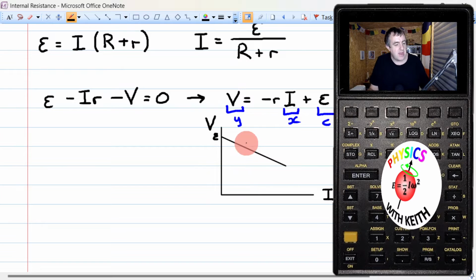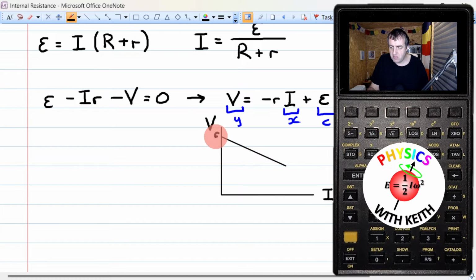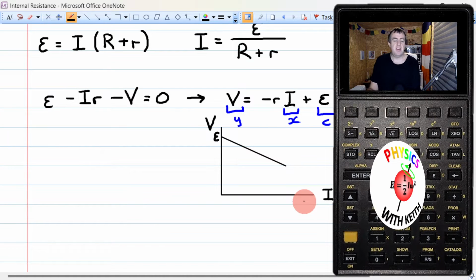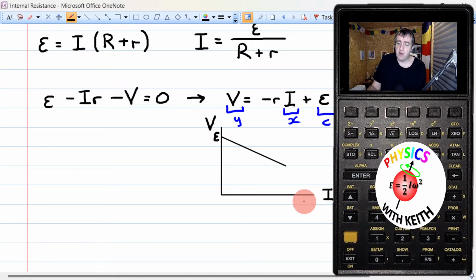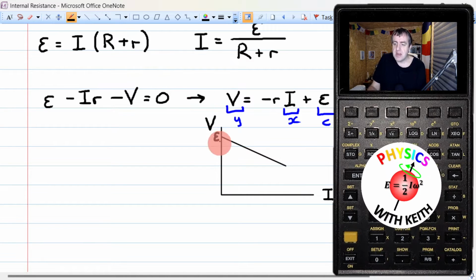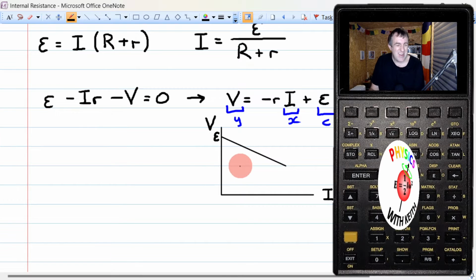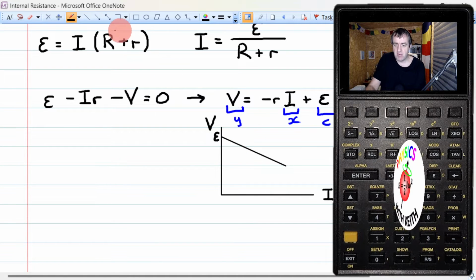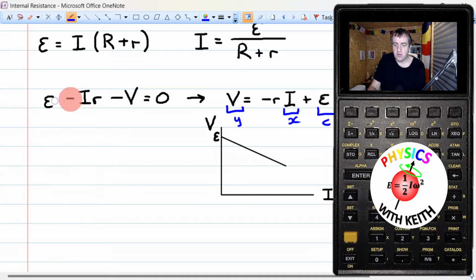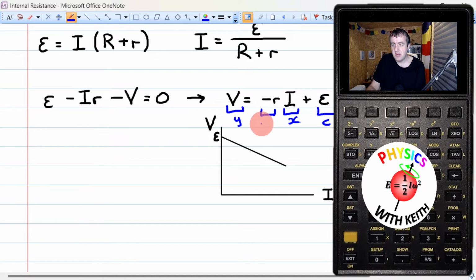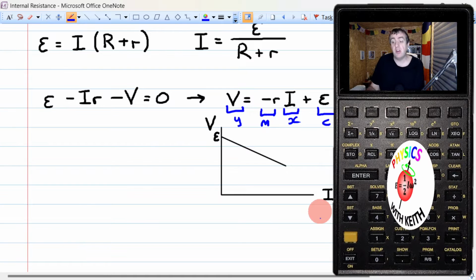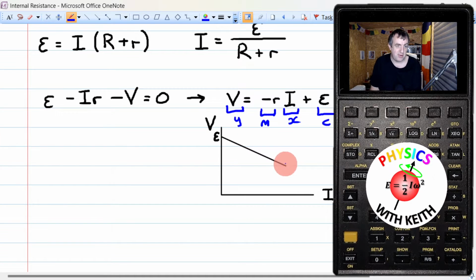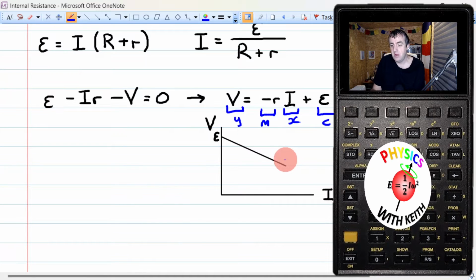That's the EMF, the electromotive force, the potential difference across the power supply when no current flows. The gradient of this is negative, but minus the gradient is equal to the internal resistance. So that's quite handy. Minus the gradient, but the gradient is negative, means the internal resistance is going to be positive. Thank goodness for that.